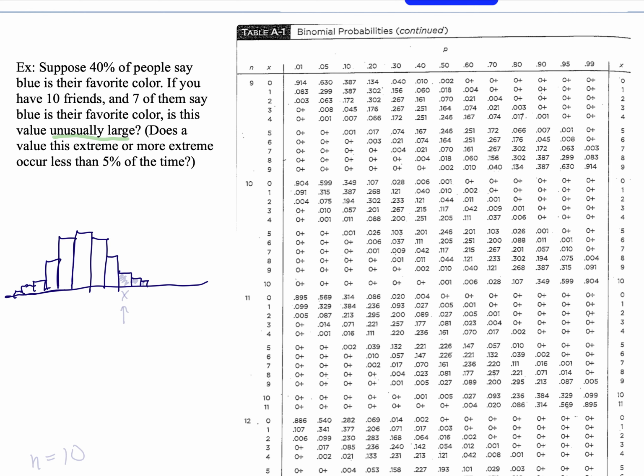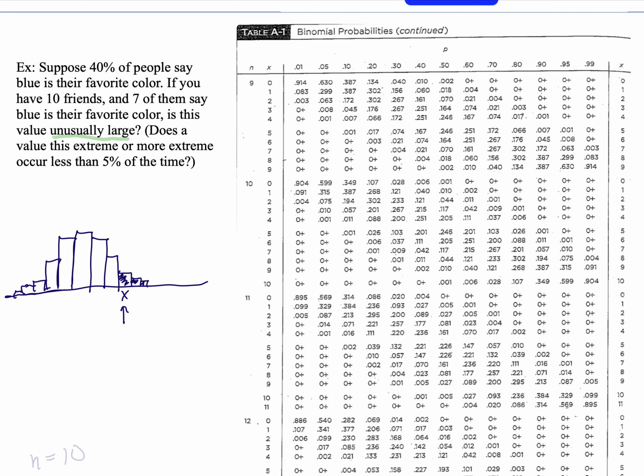So if our value is X, we aren't just interested in how often this particular value occurs, but in the probability that X occurs or any other value that is at least as extreme as X. So we would be looking for the probability that X is greater than or equal to this value for considering whether a value is unusually large.